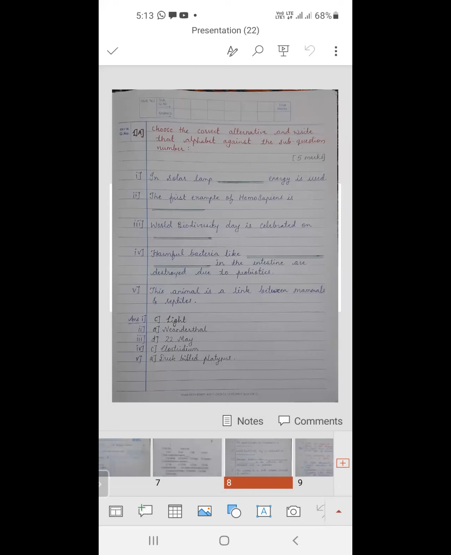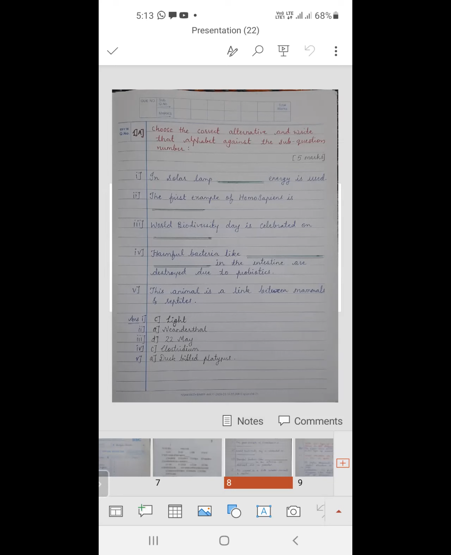Third one: World Biodiversity Day is celebrated on which day? They have given four options. A is 5th June, B 22nd March, C 21st June, D 22nd May. The correct option here is D, 22nd May.